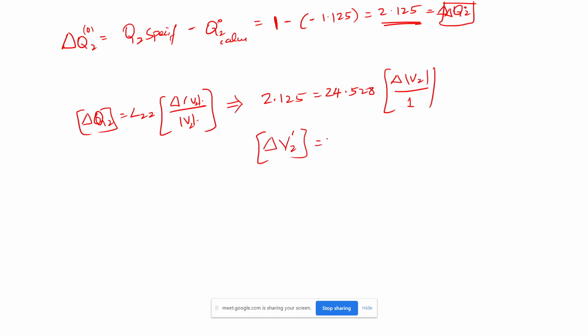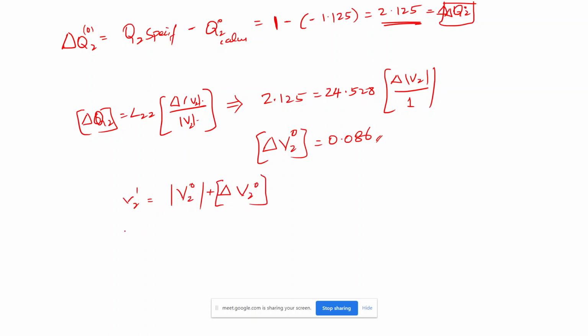This is the 0th iteration, change in 0th iteration only. I will tell how to update it, and this value is nothing but 0.086. If you solve in the calculator, you will get this value. Now I need to find out V2 at the first iteration. The formula is nothing but V2 0, the old value assumed, plus change in V2 at the 0th iteration.